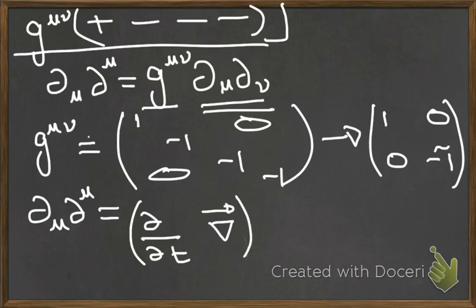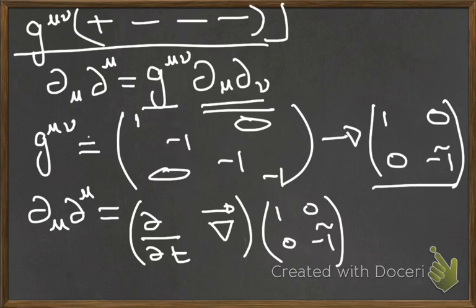Then I have my metric, and that is, as I wrote up here, 1, 0, 0, -1 tilde, and then I have partial over partial t and my gradient operator over here.